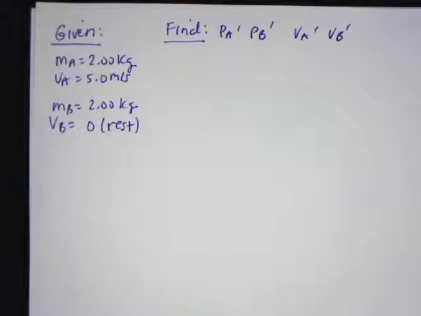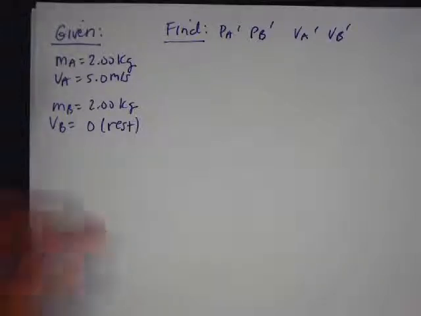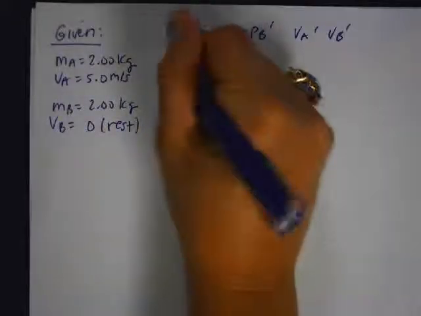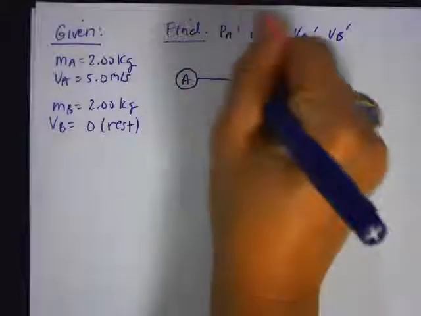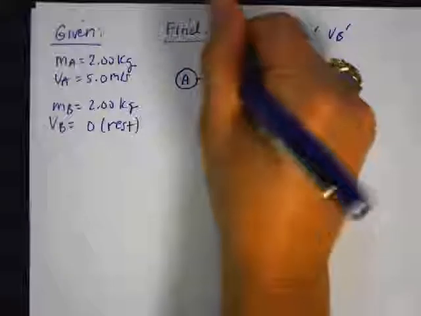All right, now the first thing that we're going to do is draw a picture of what's happening. Okay? If you don't have a picture, it's really difficult to do this. So I have ball A, and ball A is moving along with a certain velocity. So this arrow here represents the momentum of ball A before collision, and I'm going to call that PA.